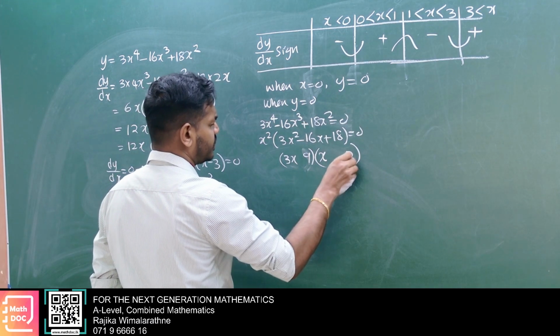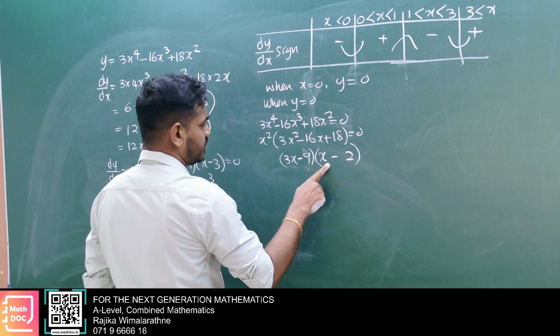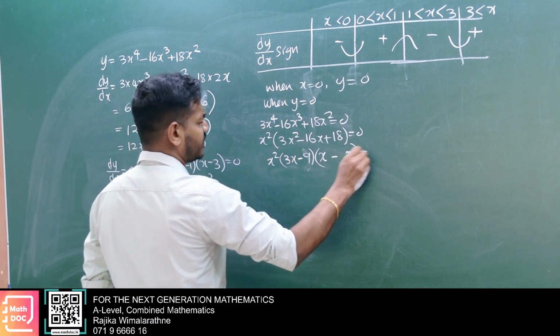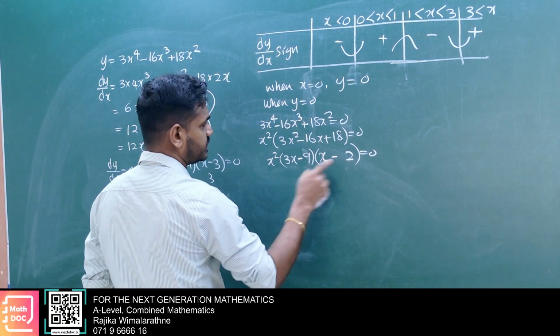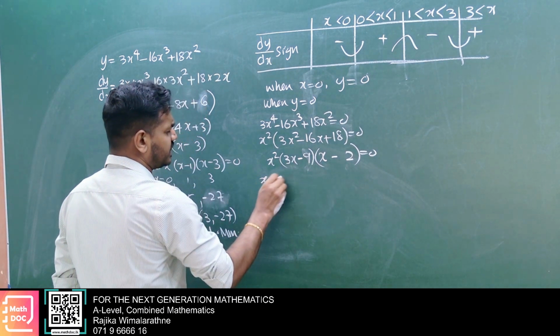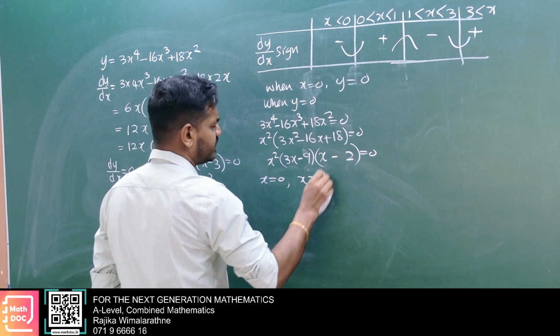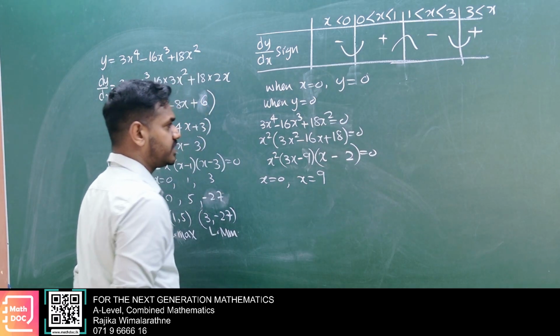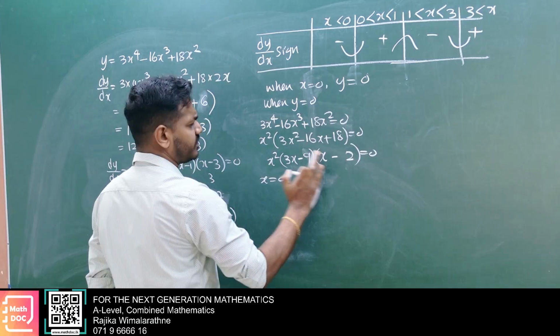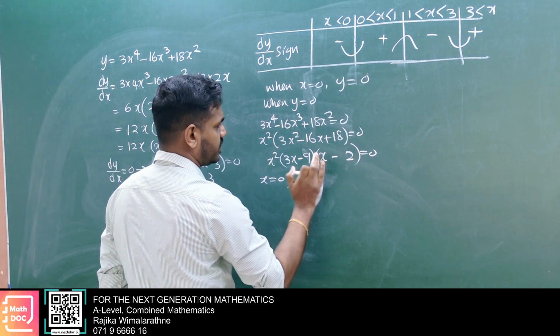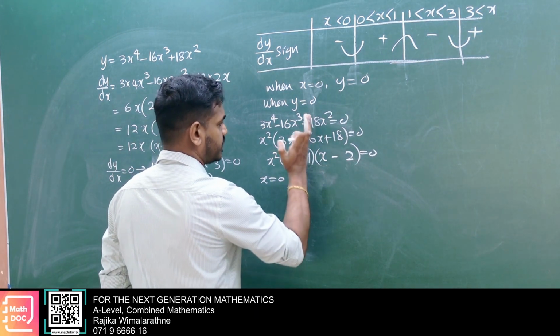Then x equals 0, x equals 9 over 3. Something wrong, no? Something wrong.